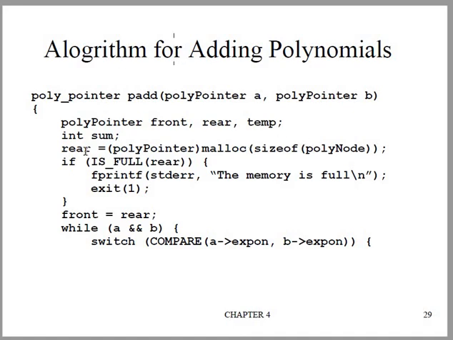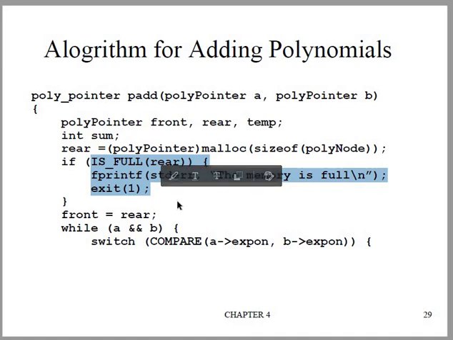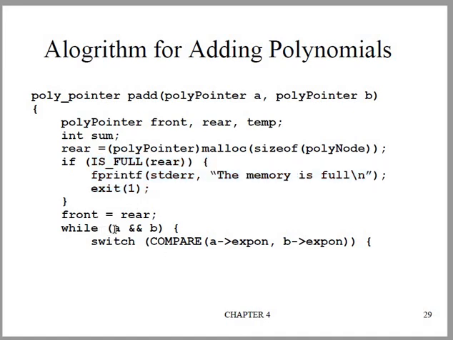Sum will be used to store the addition of coefficients when the exponents are the same, and the rear pointer will be used to attach terms. Here we'll allocate the memory space using the malloc function. If there is no memory space available, it will give us the error. Otherwise we'll make the front point to the rear pointer.